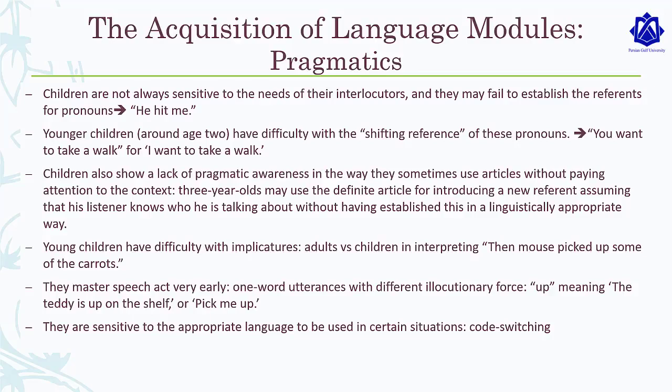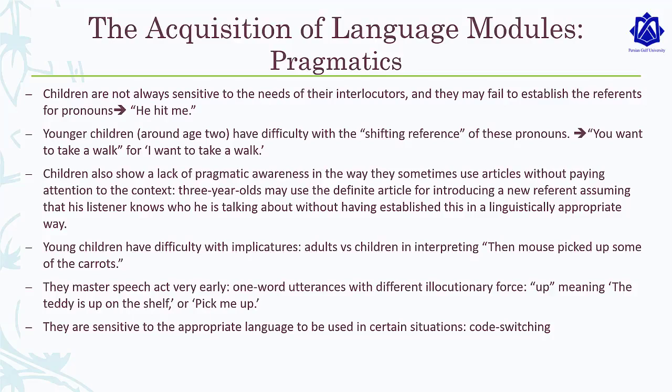When they use articles, again, they do not show a pragmatic awareness of when to use them. Whenever we grown-ups use the definite article, we use it for something that has already been mentioned, and we are talking about an object for which we have a common ground. For any word that is newly introduced, we do not use the definite article.